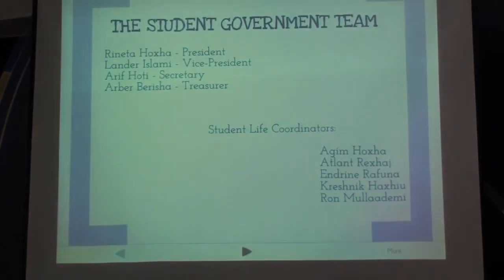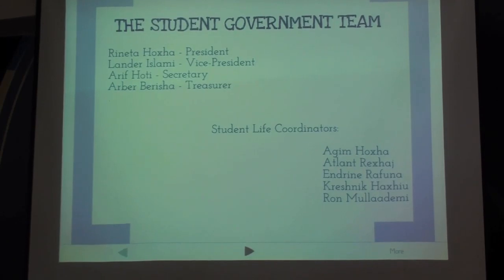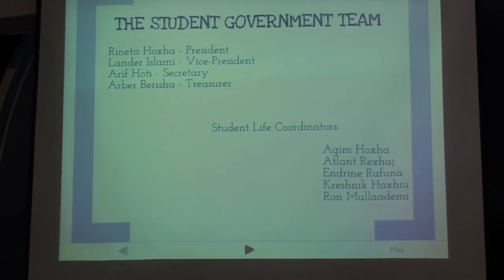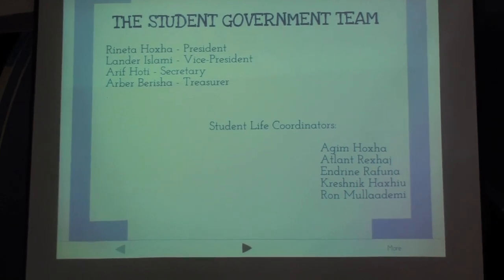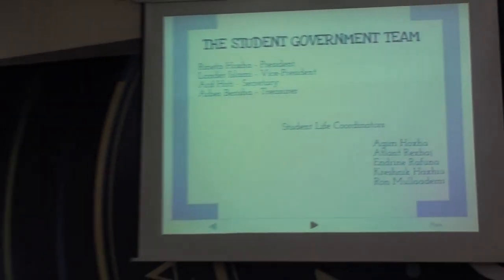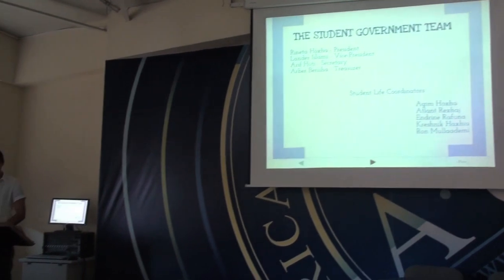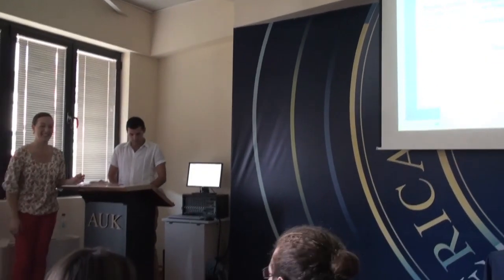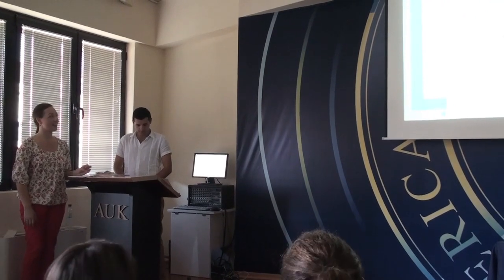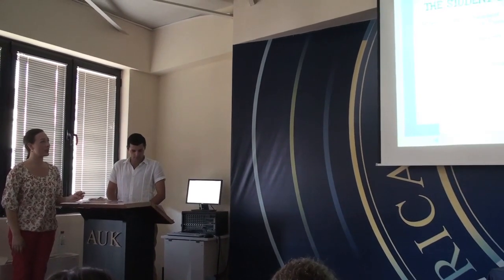I am the president of student government, John Dewey is the vice president, and we appointed AUK as our secretary, and he's here, for those who do not recognize him. And Arvo Vilisha is our treasurer, with his background in this field. I think he makes a very good treasurer.